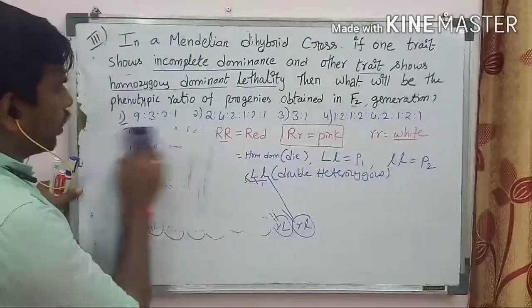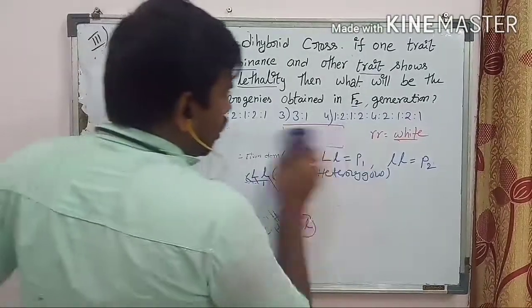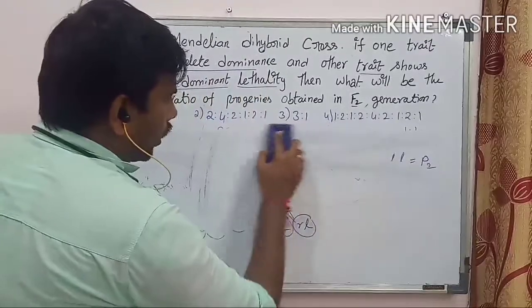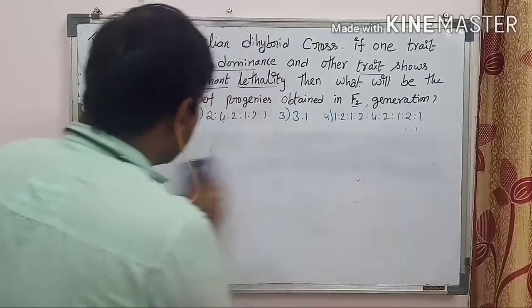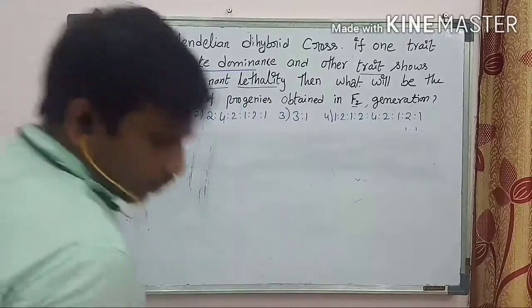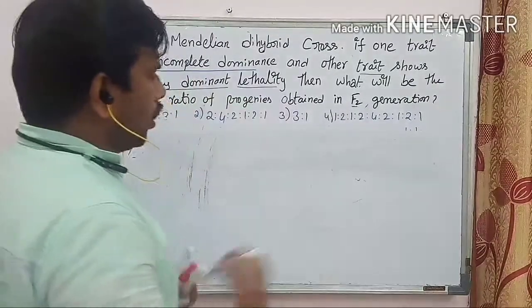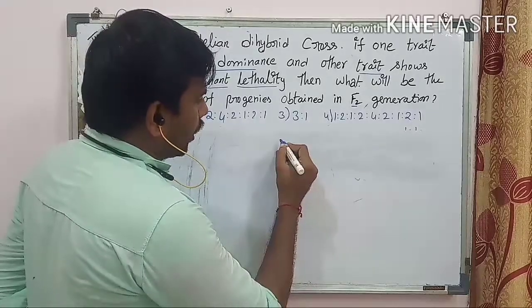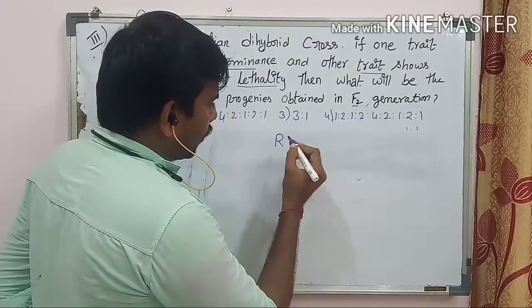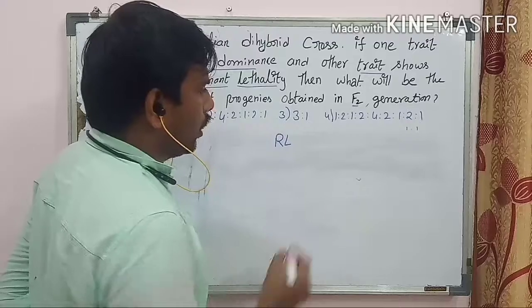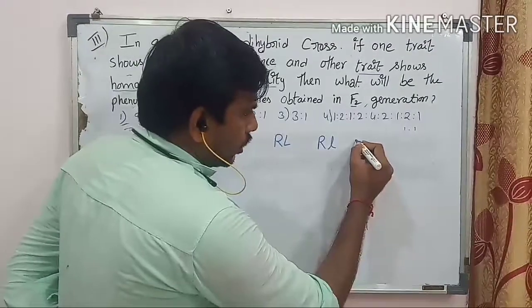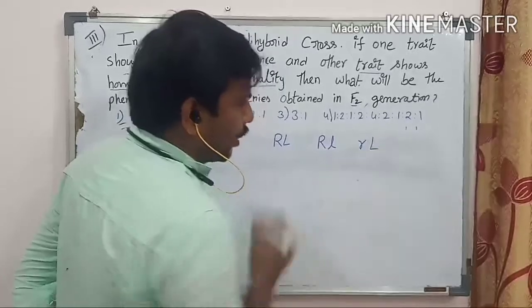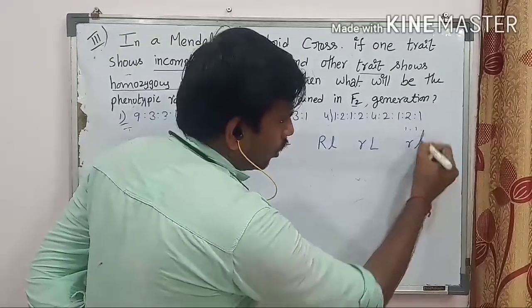Now we will analyze this using a Punnett square, drawing all these gametes. On one side take the male gametes: capital R, capital L; capital R, small l; small r, capital L; and small r, small l.